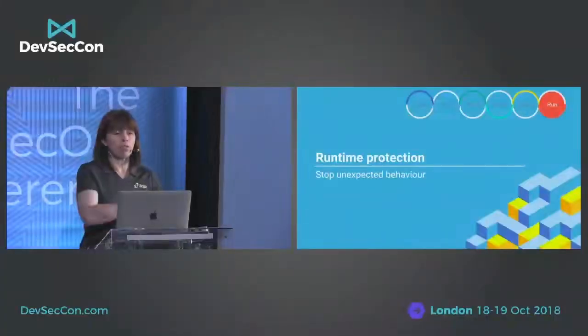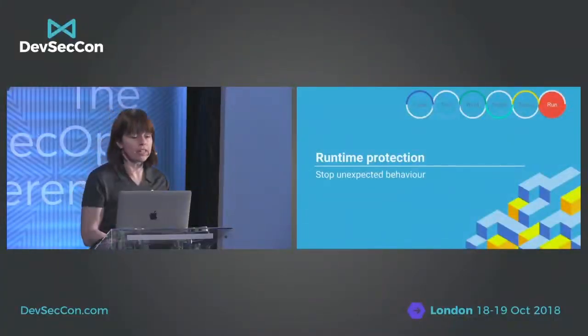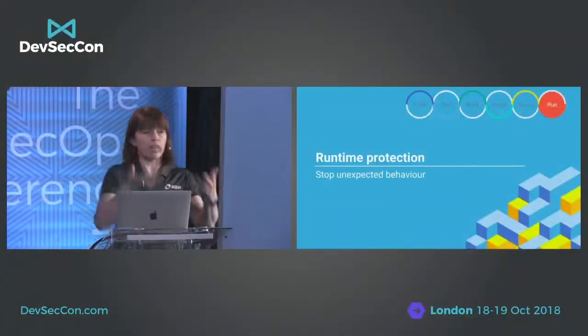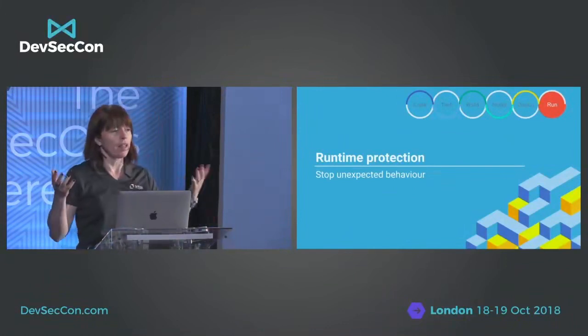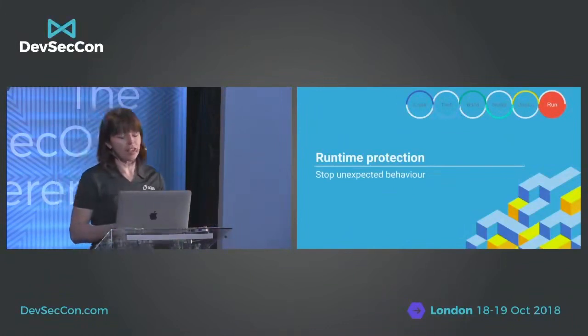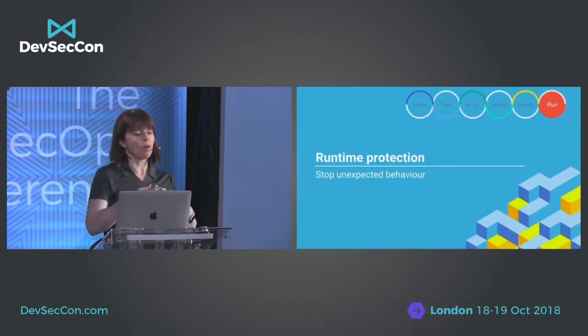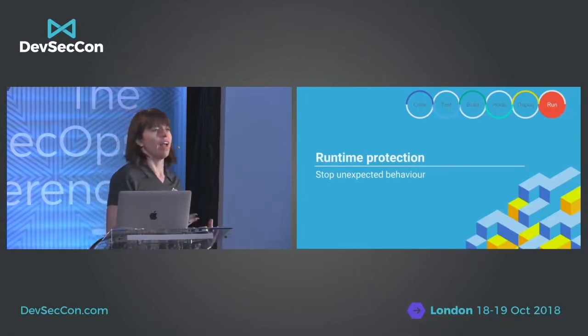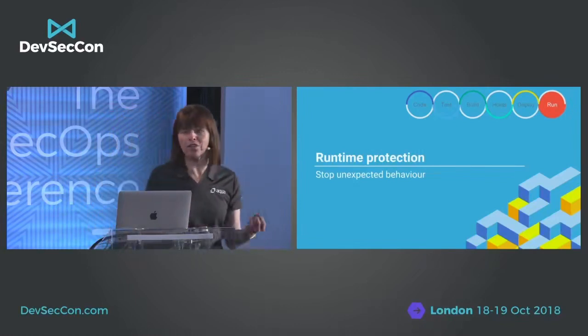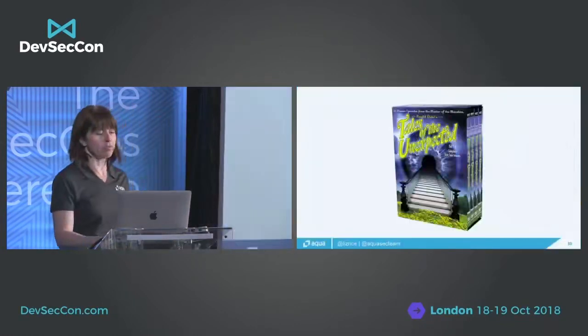So the final step: we've built our software, we're running it on some hosts, it's running. Now we can start thinking about monitoring or observing that running software and checking whether it's behaving the way we expect it to behave.